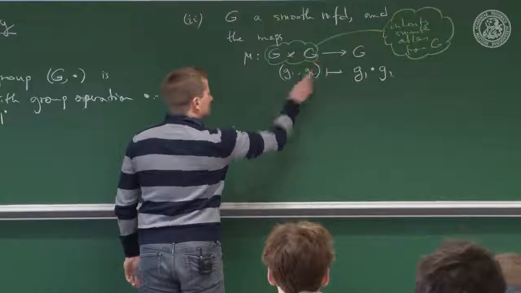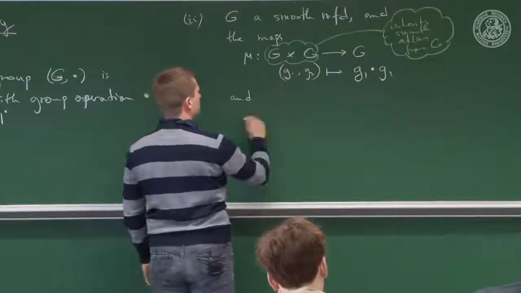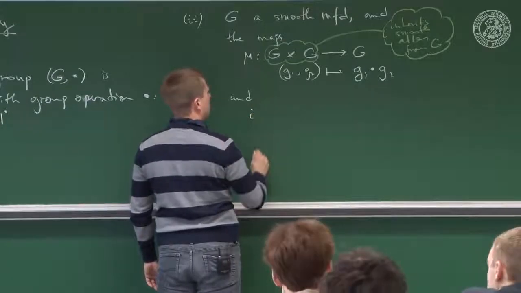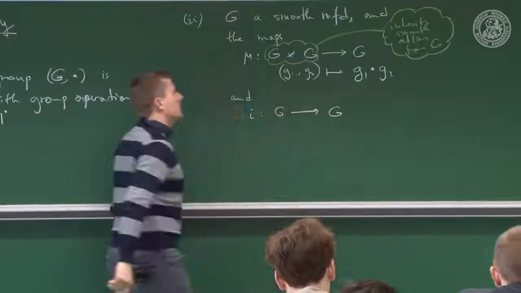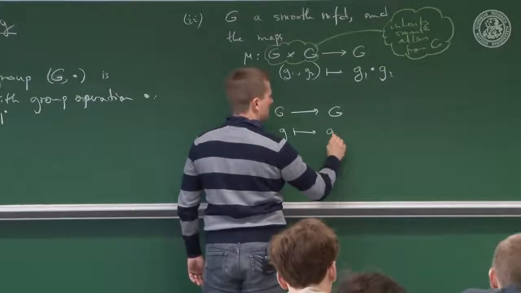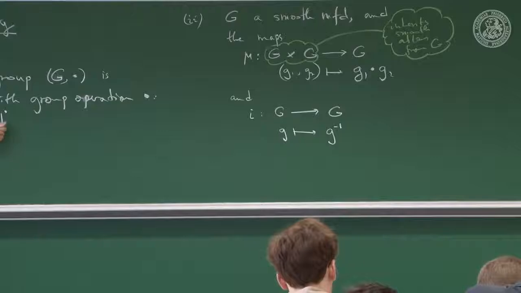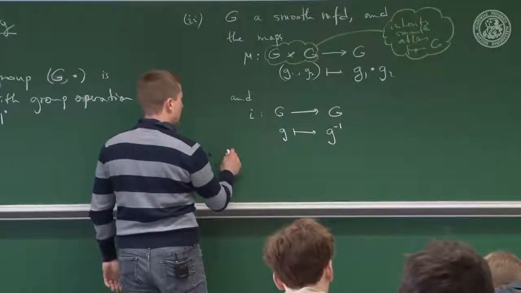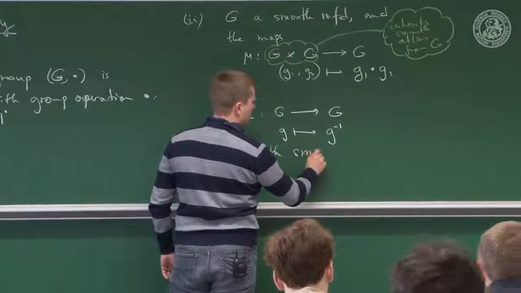And I give you another map I want to be smooth. Let's call it I, like inverse, that takes an element G of G and maps it to G inverse, whose existence is guaranteed by this axiom, and the maps mu and I are both smooth maps.